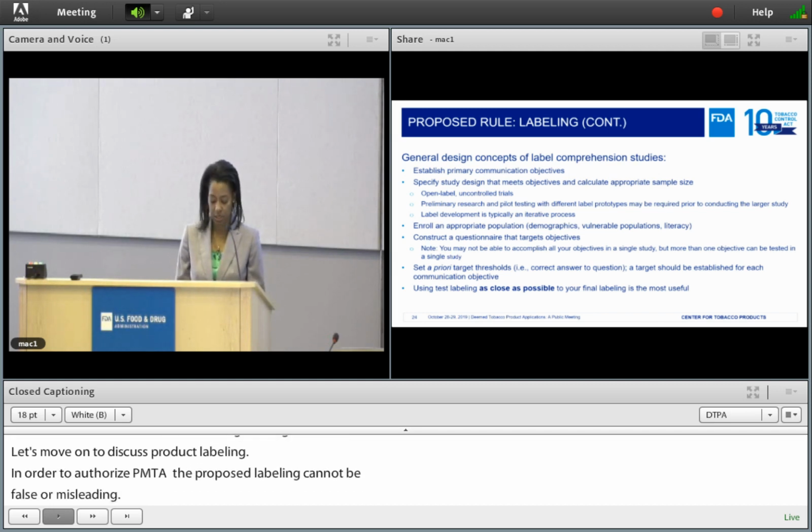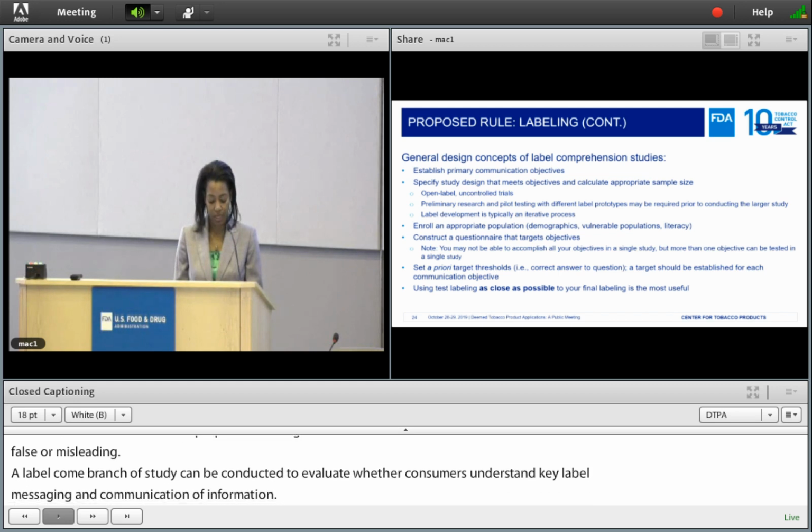The general design concepts to consider are to establish primary communication objectives, specify study designs that meet objectives and calculate appropriate sample size, enroll an appropriate population, construct a questionnaire that targets objectives, set priority target thresholds, and using test labeling as close as possible to your final labeling is the most useful.